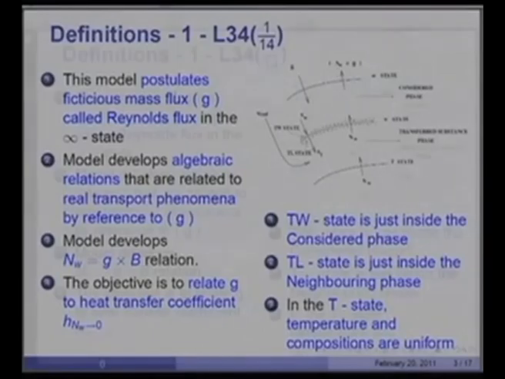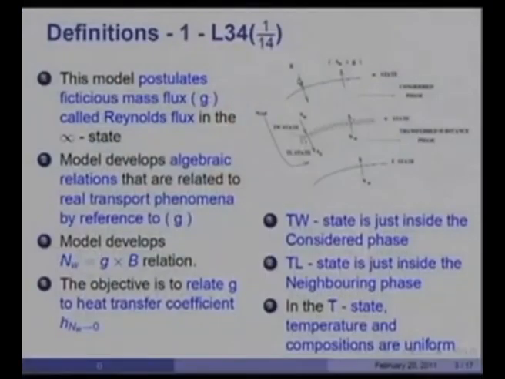So, the principal idea of the Reynolds flow model revolves around postulation of a fictitious flux. It is a notional flux G, in kilograms per meter square second. So, it is a notional mass flux defined in the infinity state, and its direction is towards the interface.